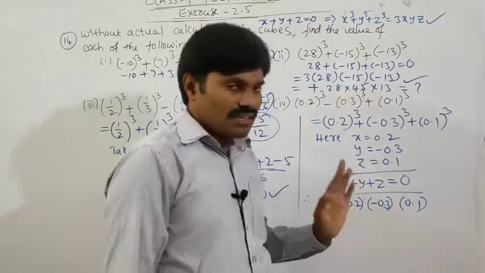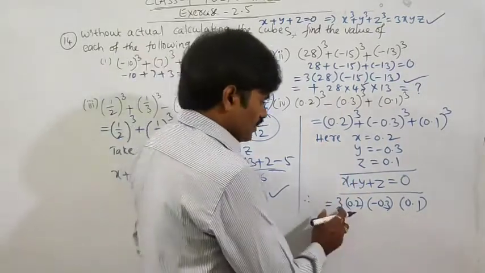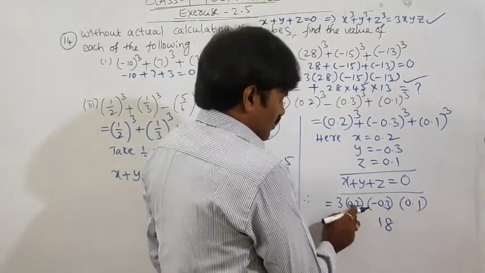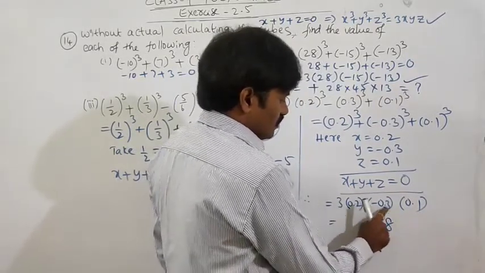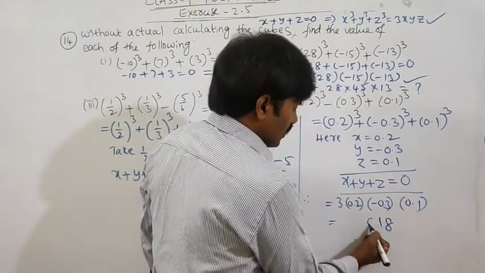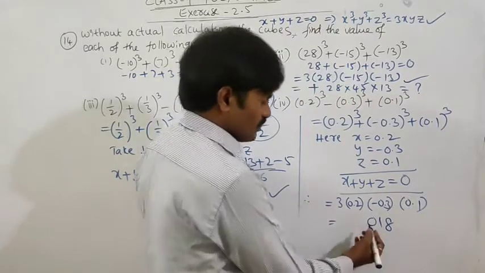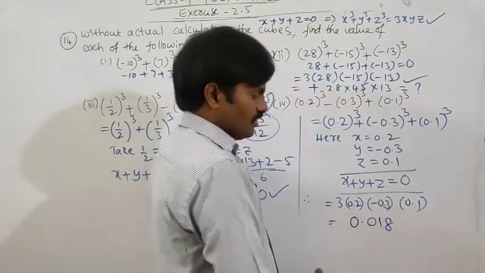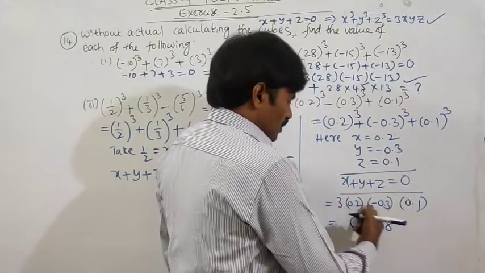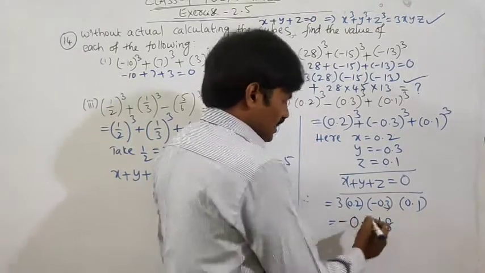First of all, don't consider the decimal point, then multiply. 3 2s are 6, 6 3s are 18, 18 1s are 18. And after the decimal point, how many digits are here? 1, here 1, 2, here 1, 3, total 3. So 1, 2, 3. If there is no digit, keep 0 and put the decimal point. So 0.018.